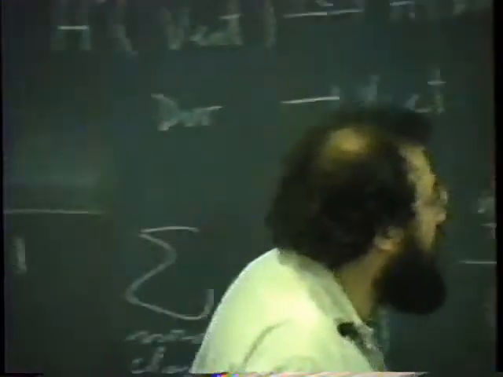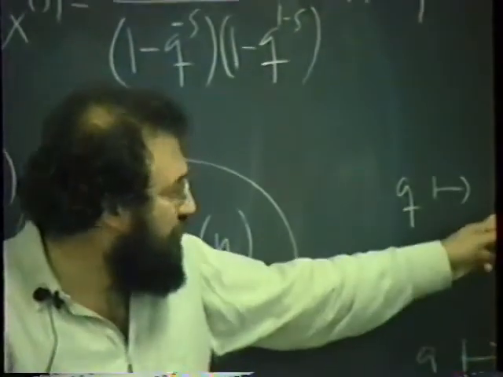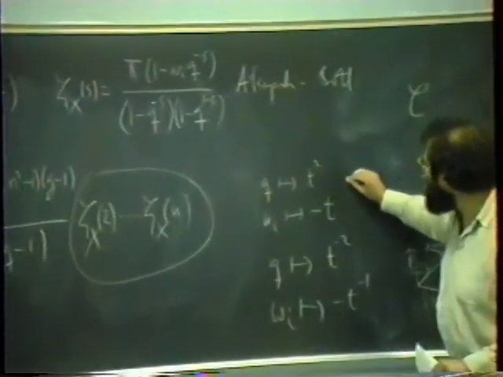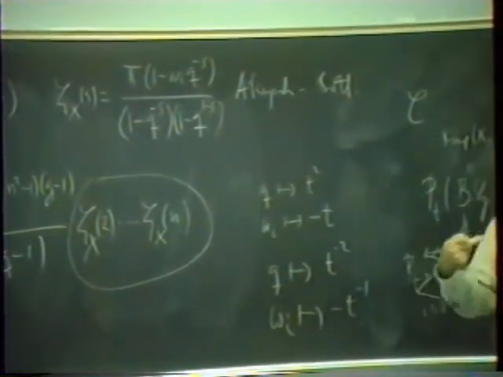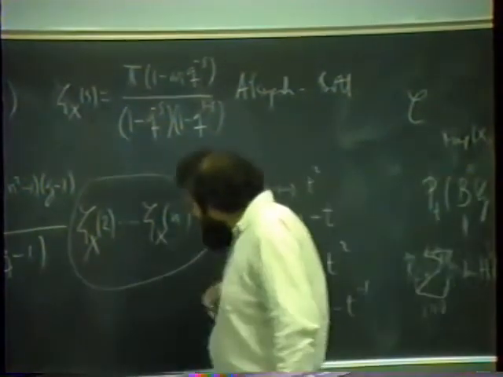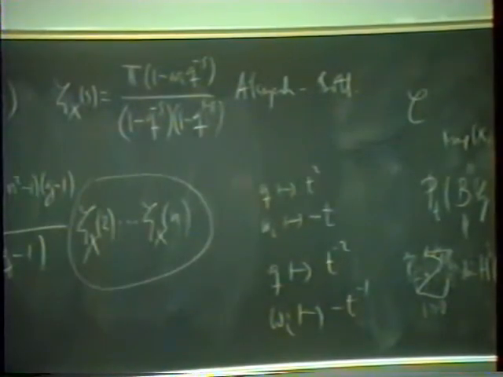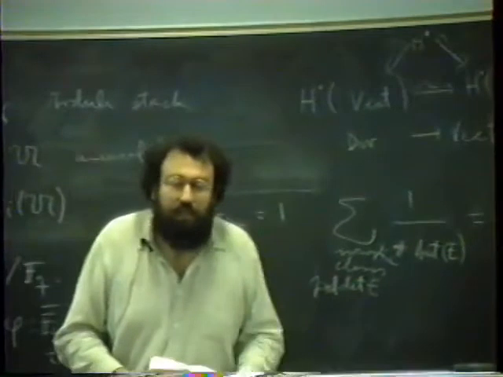If you think of it, the difference between these two is that you obtain this one from this one by sending t into t to the minus 1, which is essentially what you do when you deal with Poincaré duality. So one can see that the reason these two give the same result is that these varieties of divisors are smooth projective varieties and satisfy Poincaré duality.